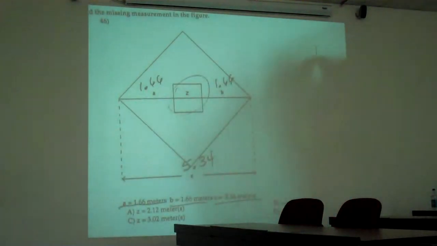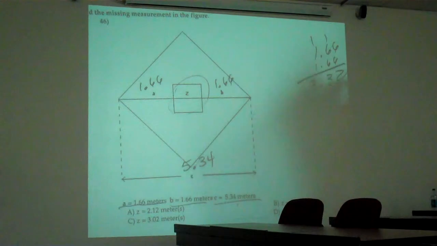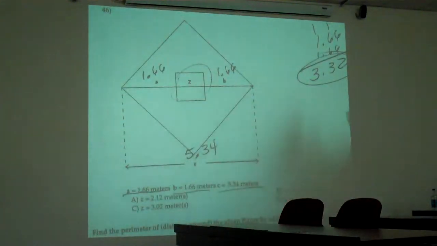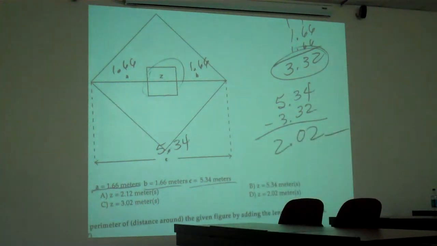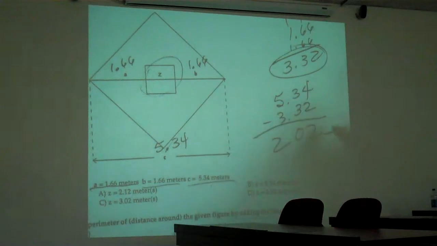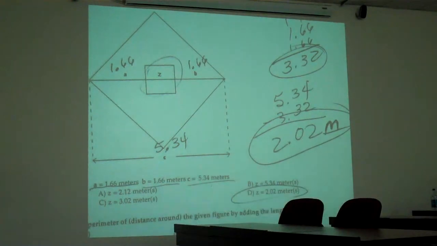Add A and B and minus C. Right, add A and B, minus C. 3.32, subtract it from C. Yes. 5.34 minus 3.32. 2.02 what? Meters. Don't forget your units, you're not gonna have multiple choice. Units.